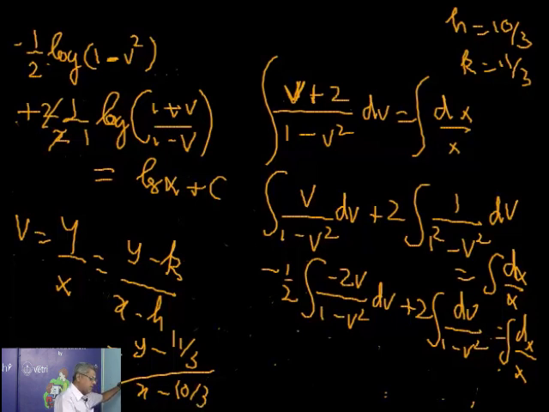Therefore, wherever you find v, here v² is (y - 11/3)² by (x - 10/3)². log((1 + v)/(1 - v)), this is v, log X, X is x - h. Substituting for y, x and v, these quantities, we are getting a solution.